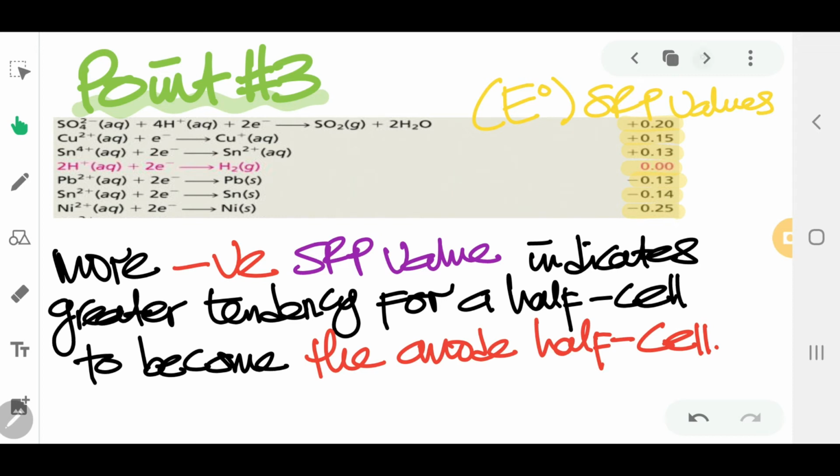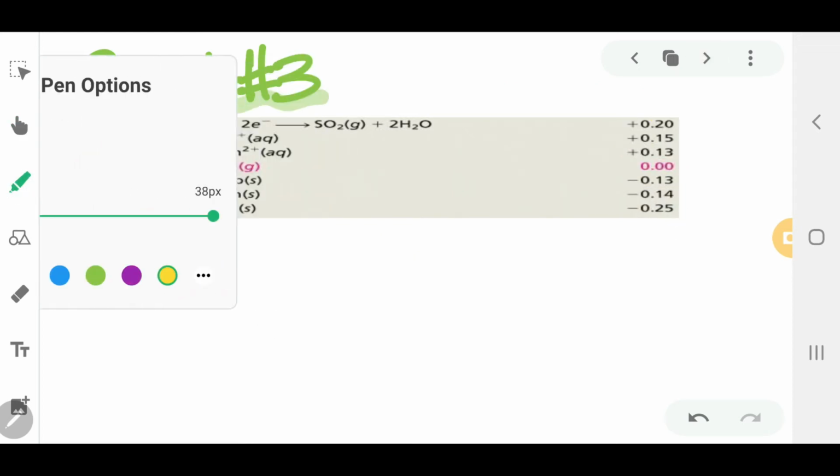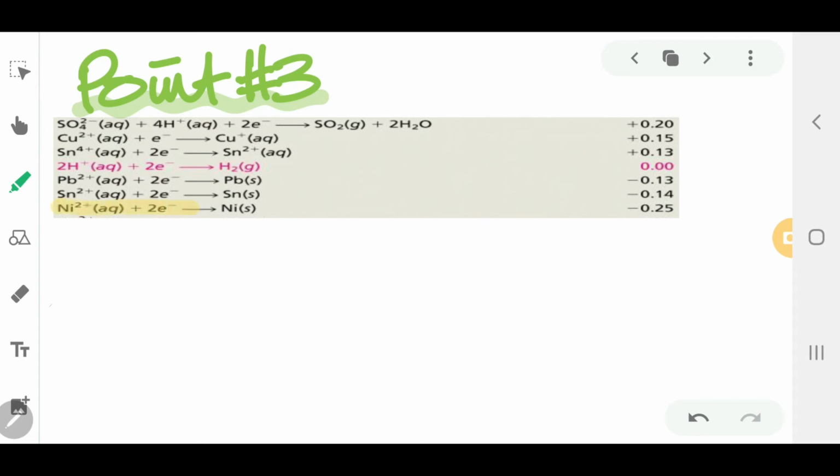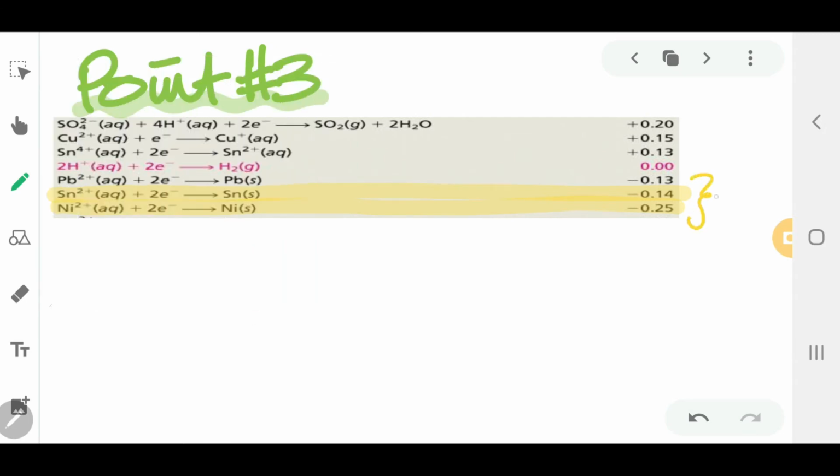So let's say we're gonna try to build this half cell, and you want to connect with, let's say, tin just right above it. So between this two over here, which one will be the anode?